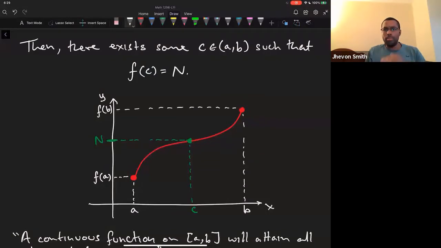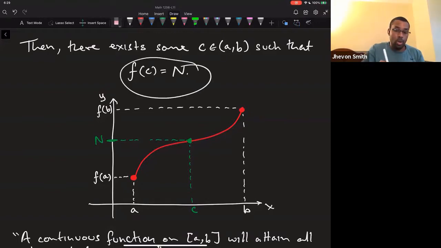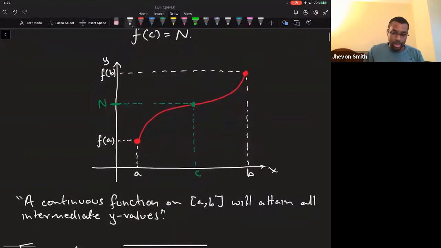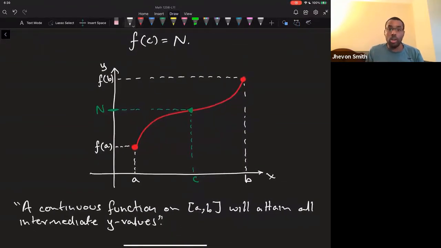No matter what value you choose in between these y values, I can find an input that will give me that value as an output. And a way to say that in English is continuous functions will attain all intermediate y values. Give me two y values on the continuous function. This function will attain all y values in between them. It will attain all intermediate y values.